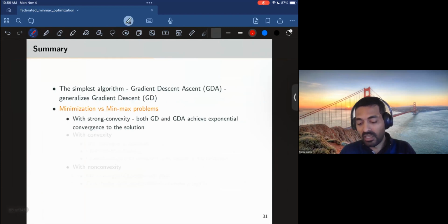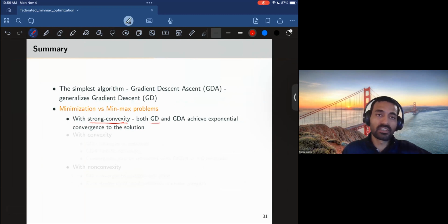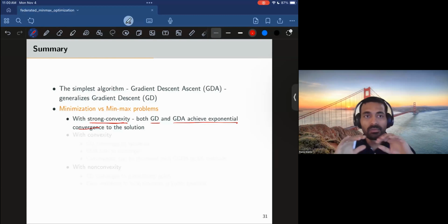It turns out that if we have strong convexity versus strong convexity, strong concavity, so we have similar structure in the min variable and the max variable, then gradient descent achieves exponential convergence for minimization problems. Similarly, gradient descent ascent achieves exponential convergence for min-max problems. So here, both minimization and min-max problems were very similar.